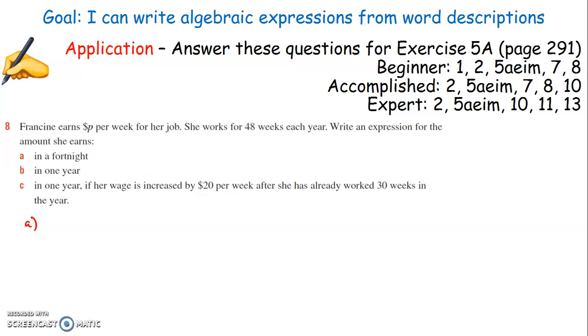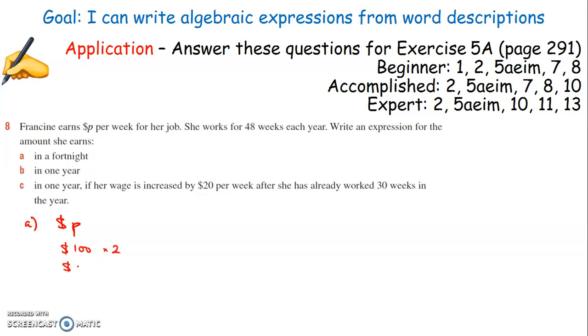Alright, so Francine earns P dollars per week, and we want to know how much she would earn in a fortnight. Well, a fortnight is 2 weeks, right? If she earns $100 for 1 week, then for the fortnight you just have to times 2, and she's going to get $200.